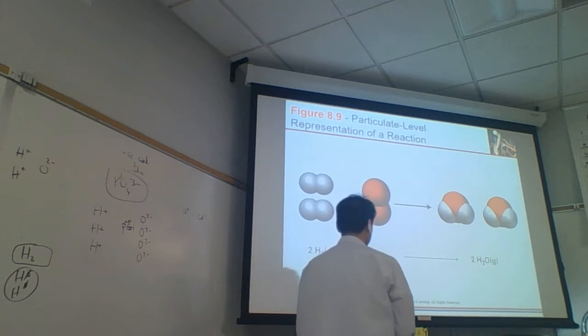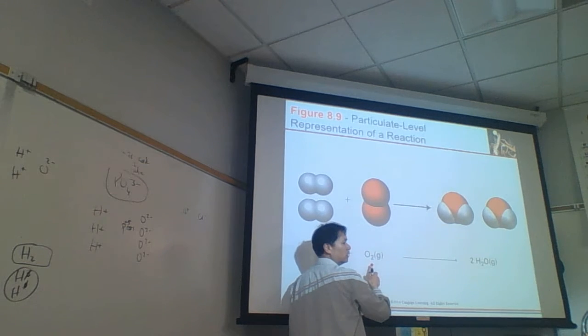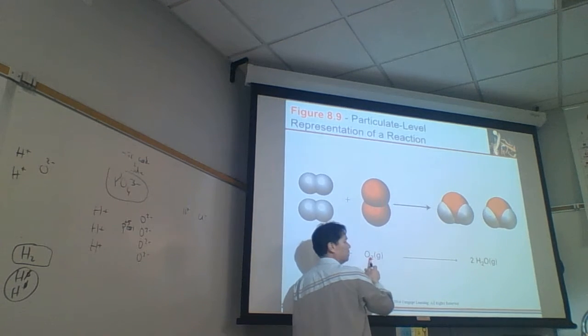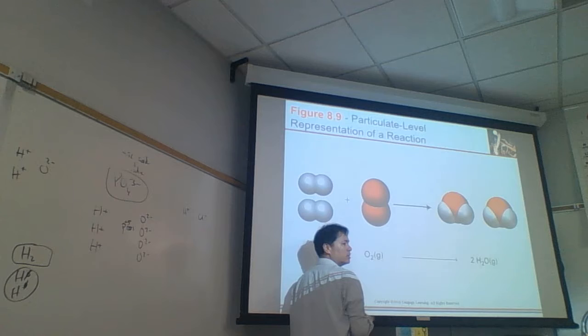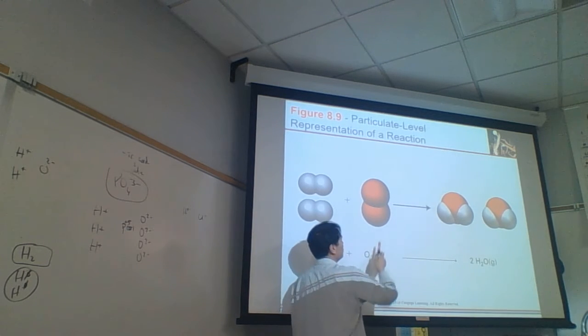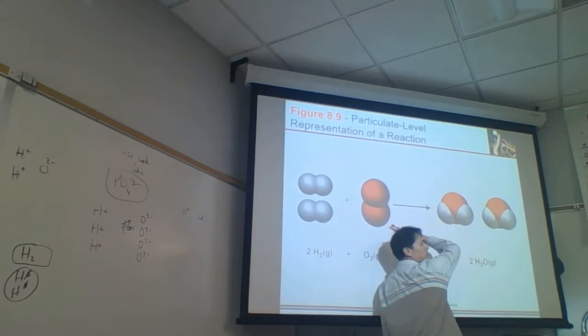Let's look at oxygen. Each oxygen in this molecule has got to be neutral. 0 plus 0 gives me 0, because O2 doesn't have a charge. It's a neutral molecule. So just pick one of the oxygens.